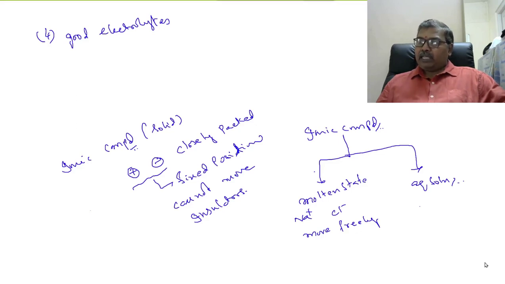Electrostatic force of attraction exists only in the solid state. So they get separated in the liquid state. Liquid state, molten state, fused state, they are one and the same.